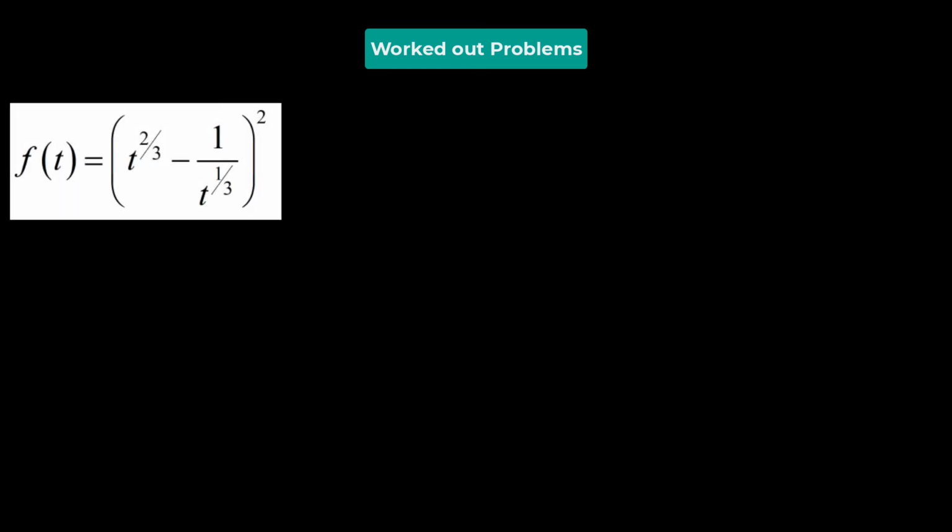So here we have the function t raised to the power of 2/3 minus 1 over t raised to the power of 1/3, whole squared, and we need to find its Laplace transform. But before that, we are going to expand the given function. We can rewrite this function as t raised to the power of 2/3 minus t raised to the power of negative 1/3, whole squared.